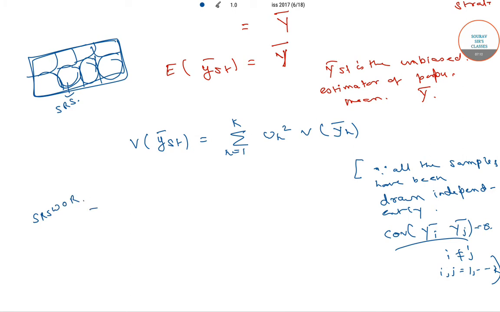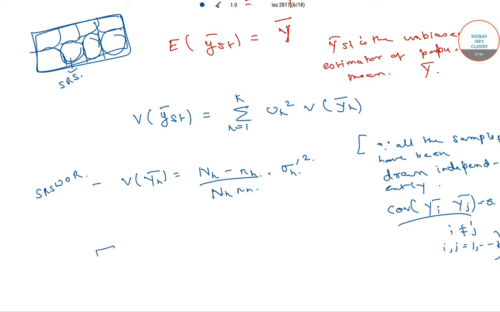In case of simple random sampling without replacement, we will have variance of ȳh equal to capital Nh minus small n divided by capital Nh into small n into σh' square, where this σh' square is equal to 1 by capital Nh minus 1.